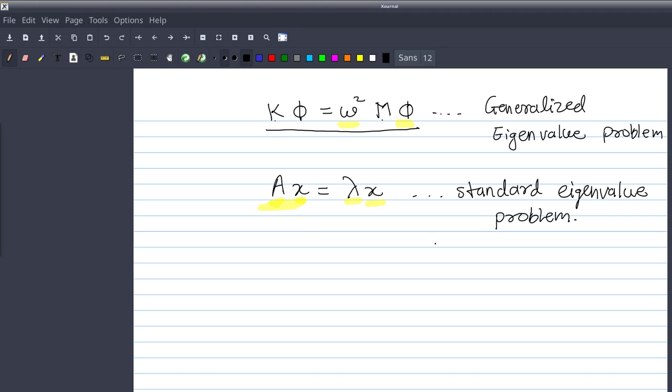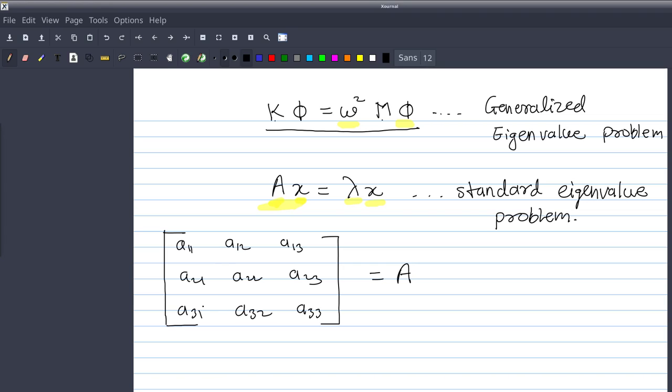So if I just summarize it briefly here, let us say we start with only the standard eigenvalue problem. So this is a11, a12, a13, a21, a22, a23, a31, a33. If this is the matrix A, then we know what we need to do.